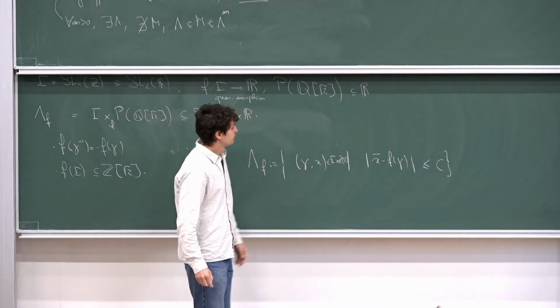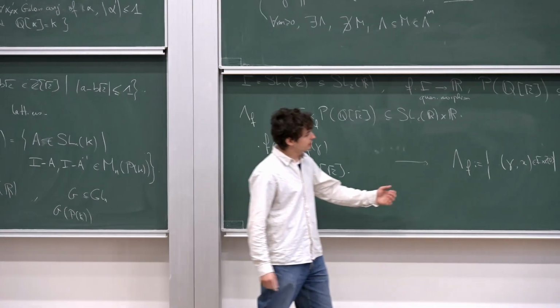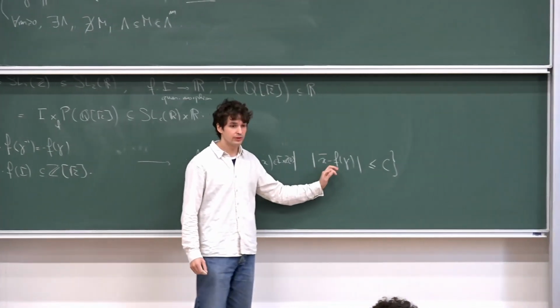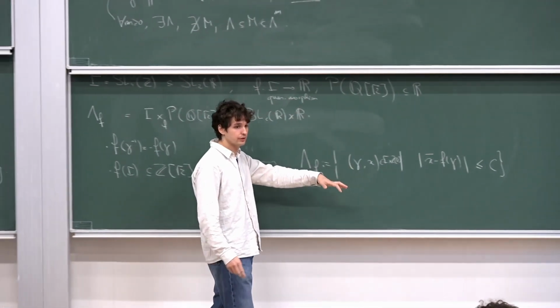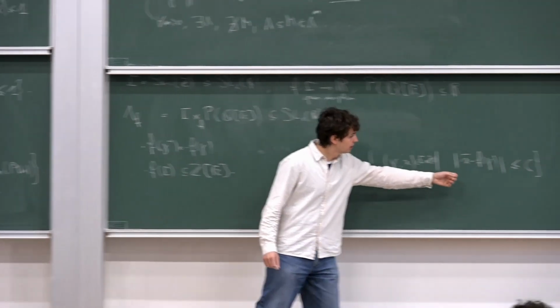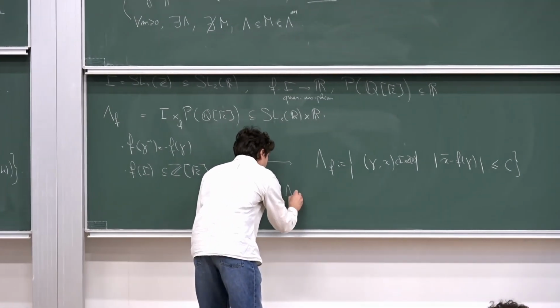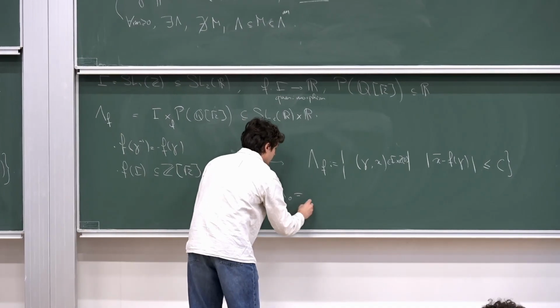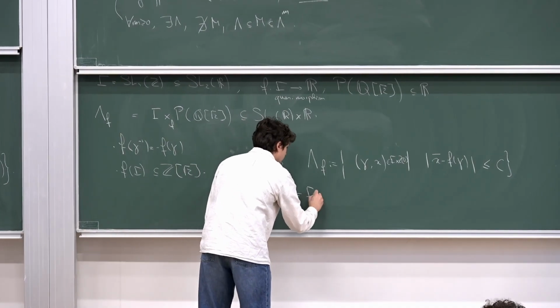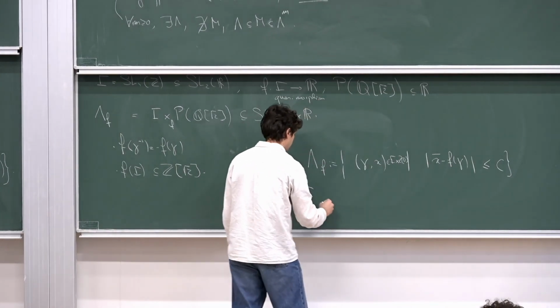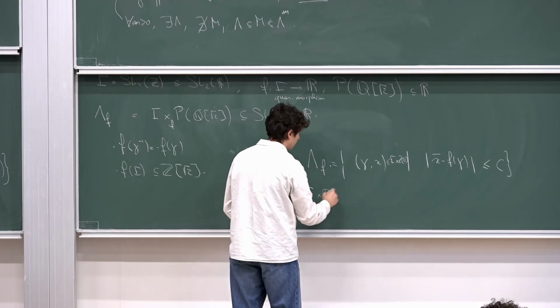Here you can see that if I choose f to be the trivial quasimorphism, what I'm really defining again is the direct product of gamma and the Pisot lambda, up to some finite thing.